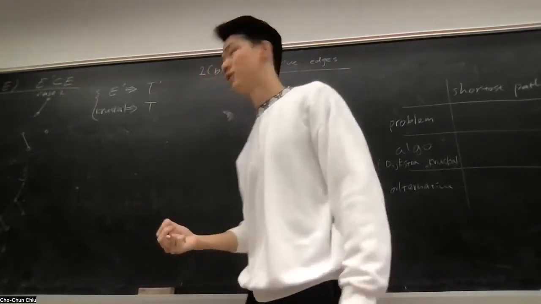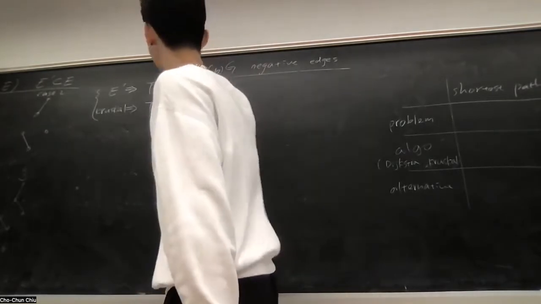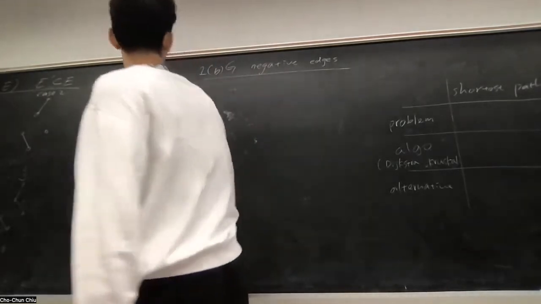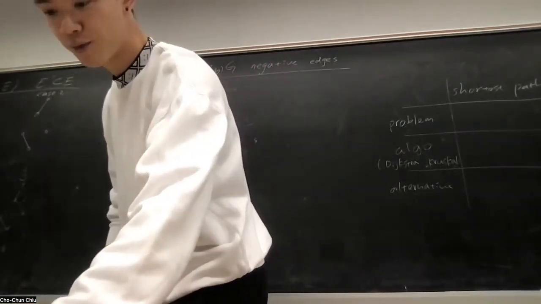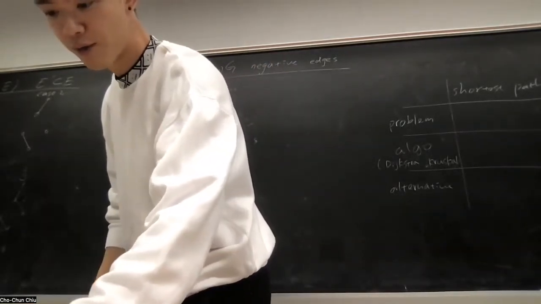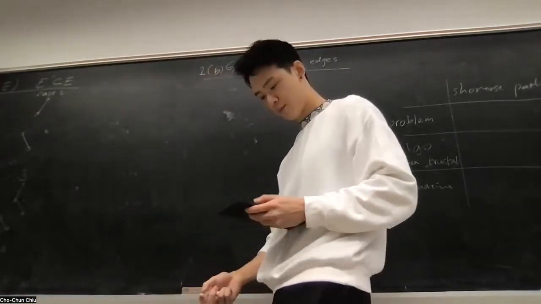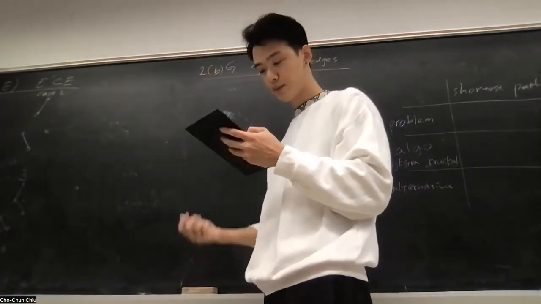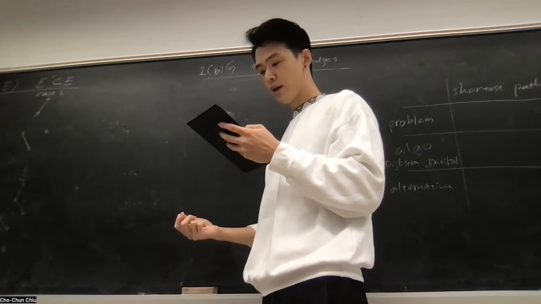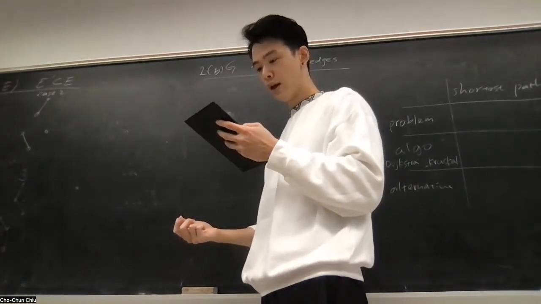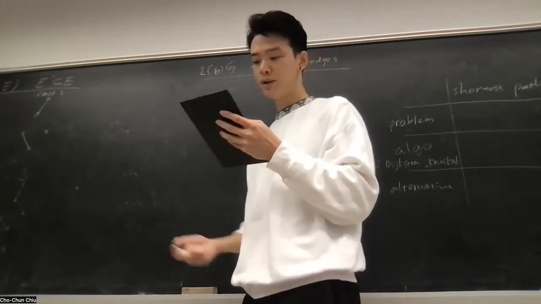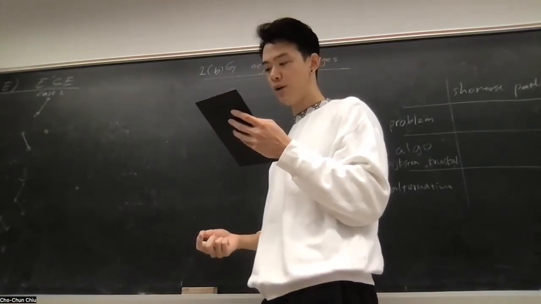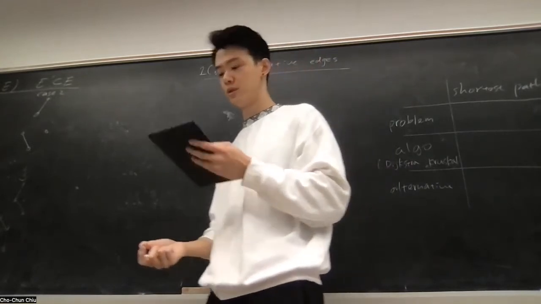Making sense? Okay, so let's talk about the second one. The second one is that we have a graph, and this graph contains negative edges, and we have an algorithm that can return a minimum spanning tree when given a graph with only positive edges.